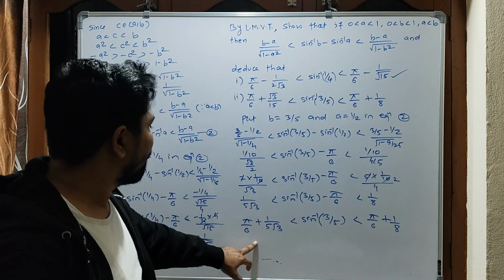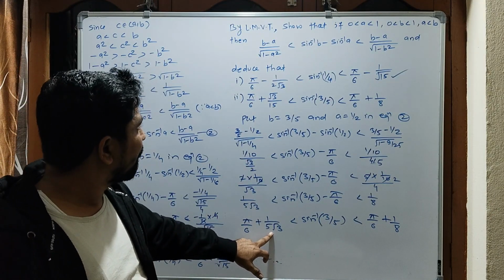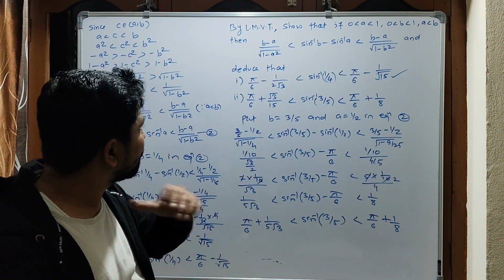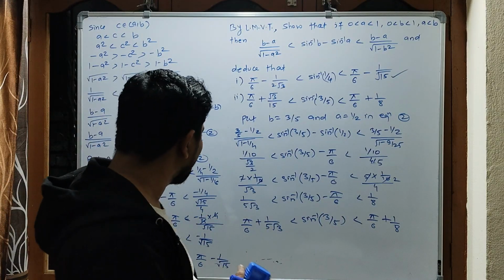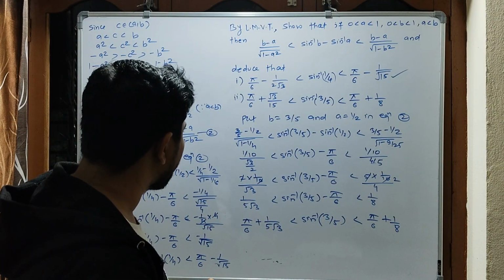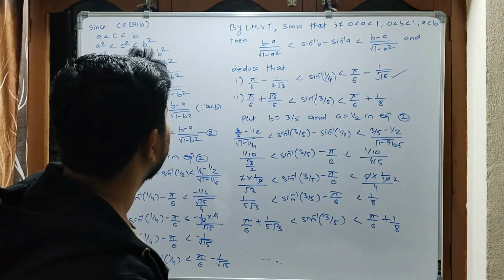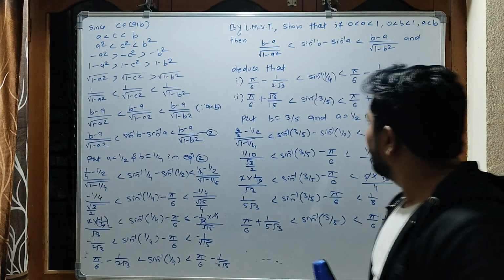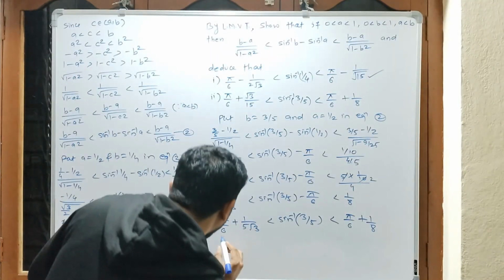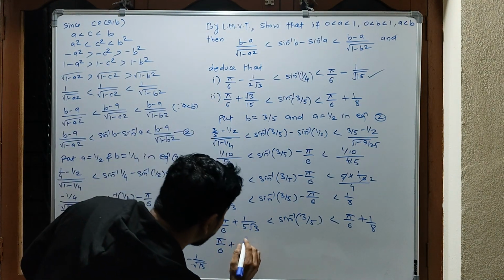Now you can observe one thing: this is pi by 6 plus 1 by 5 root 3. Multiply and divide by 3.